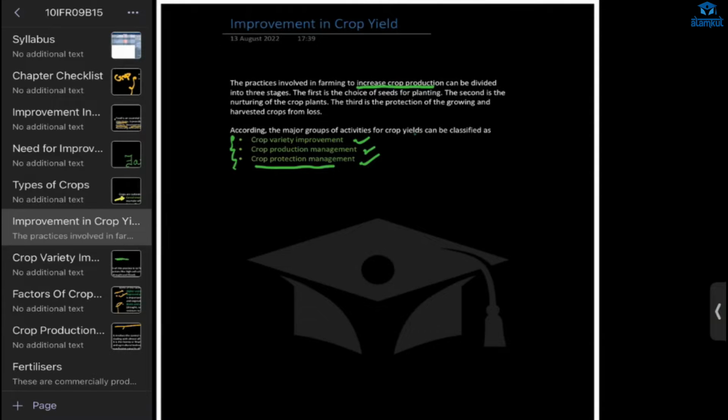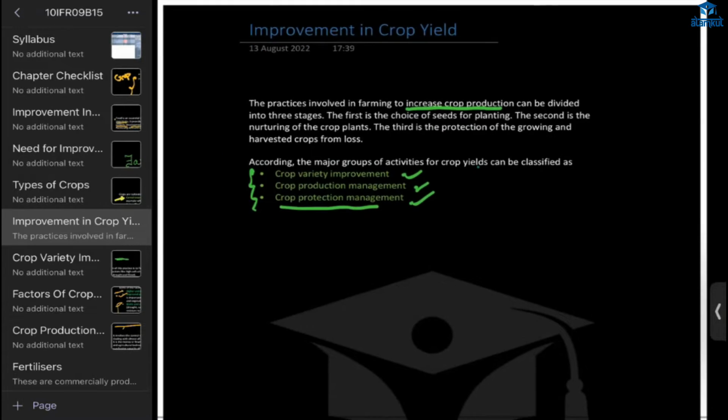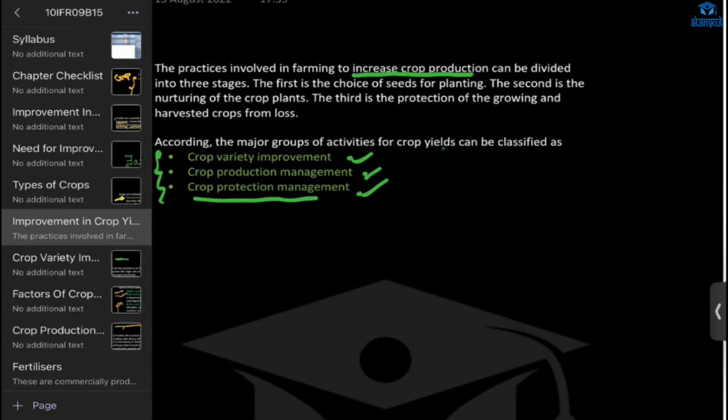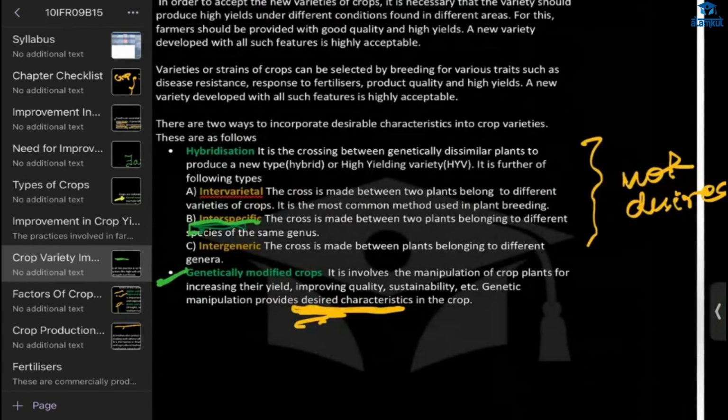Okay. So the major way we can improve is first crop variety improvement, where we improve the variety of crops. There are major ways to improve. First is hybridization. Next is genetically modified crops.